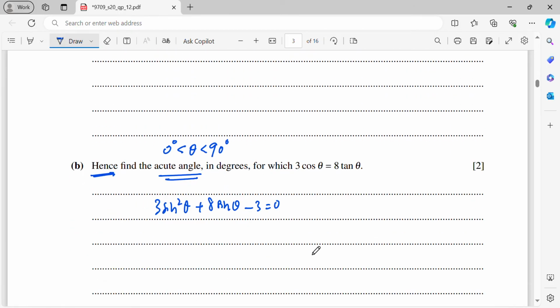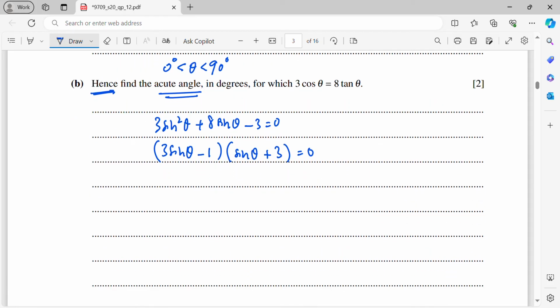Now, when you need to solve this, I can just factorize this into 2 linear factors. That will be 3 sine theta minus 1 multiply with sine theta plus 3 equals to 0. So this factorization can be done using calculator or just a manual factorization.